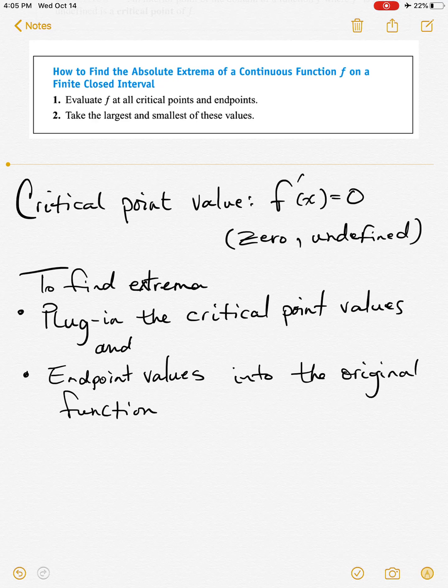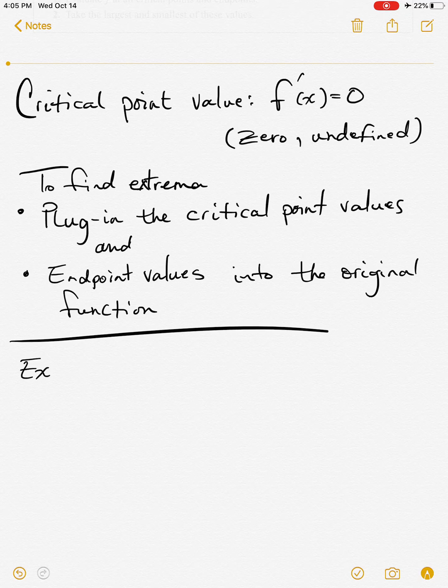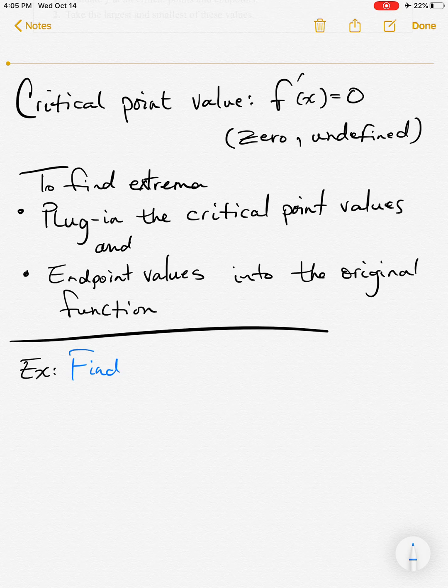Alright, let's get us a nice little example and get to rolling. Let's say we have, writing in blue, find the absolute extrema.